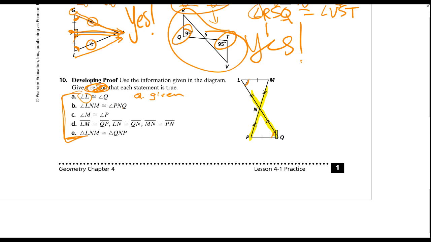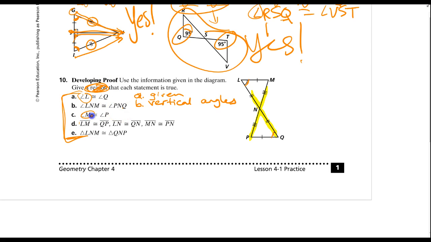Does that look familiar from about 2 minutes ago? It should, because those are vertical angles. So all you need to write here is vertical angles. I won't make you write vertical angles are always congruent. But that's the definition of vertical angles, so that's why we're writing it here. So vertical angles is the answer, the reason why I can make this statement.